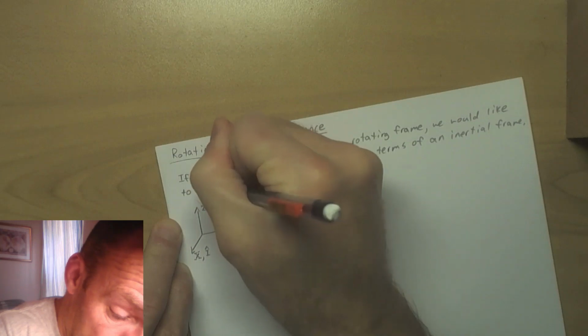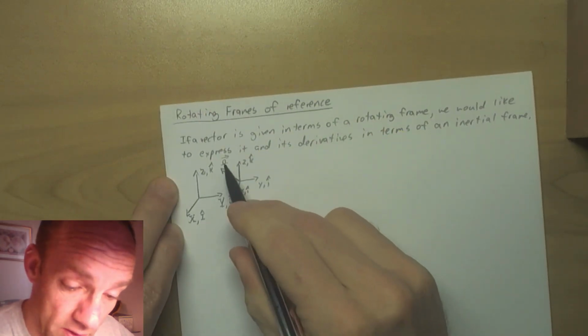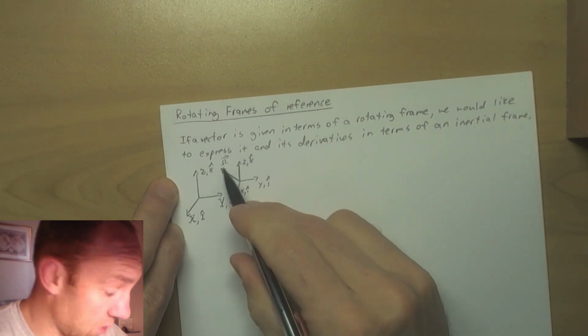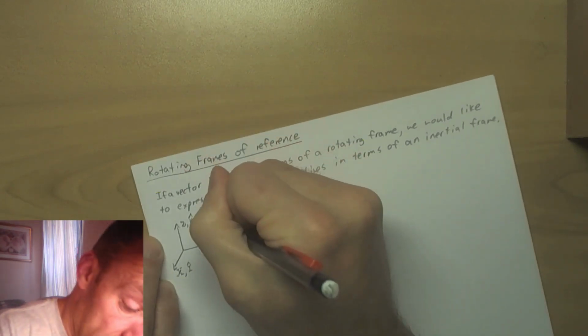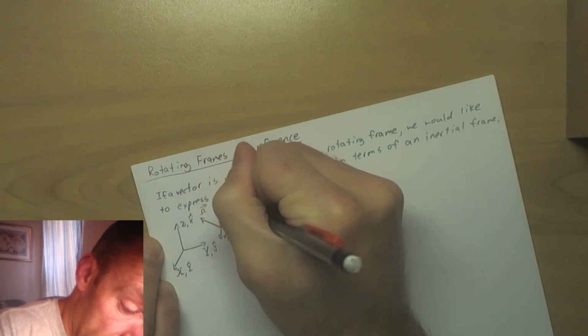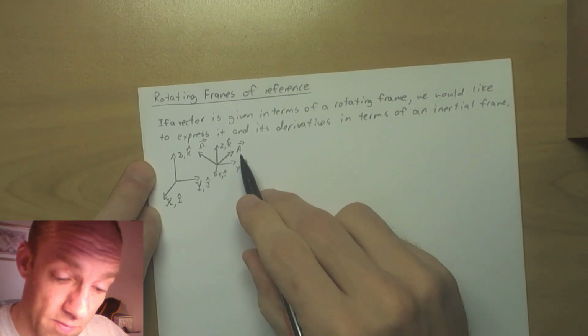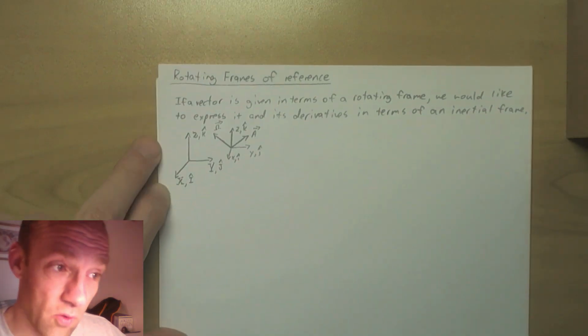The lowercase frame, the rotating frame, is rotating about this vector omega. And I'm interested in translating this vector A, or its derivatives, into the inertial frame.